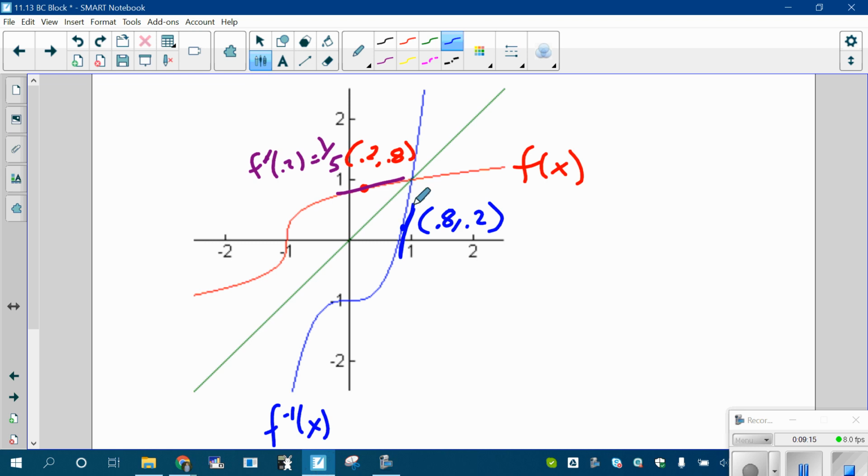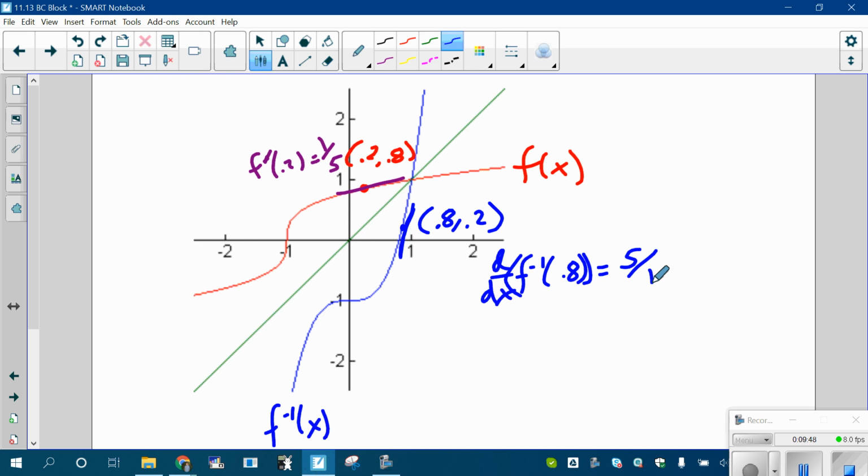No. It's the reciprocal of what the slope is at 0.2. Okay, so if you look at the slope at 0.8, here's where the notation gets a little confusing. It's not 1/5, it's 5/1.